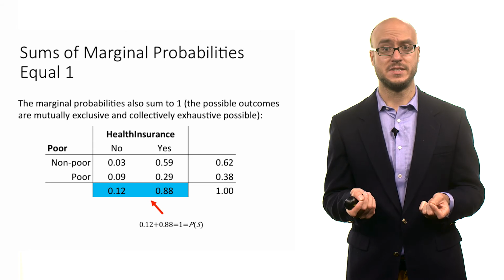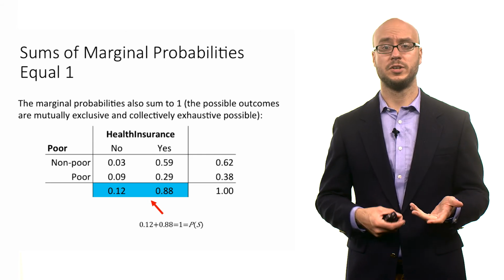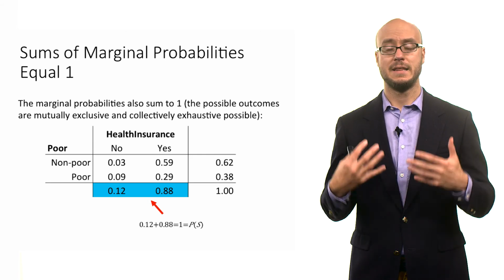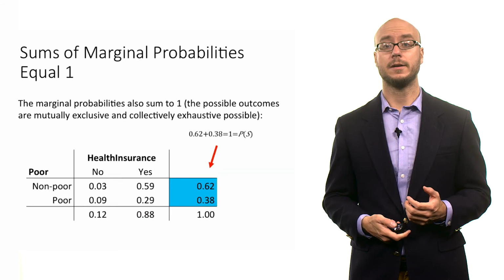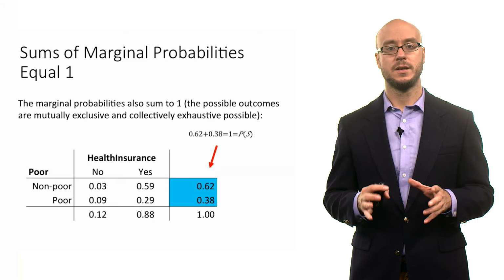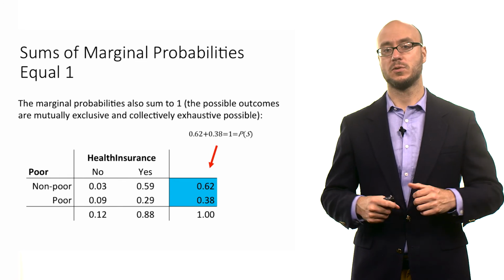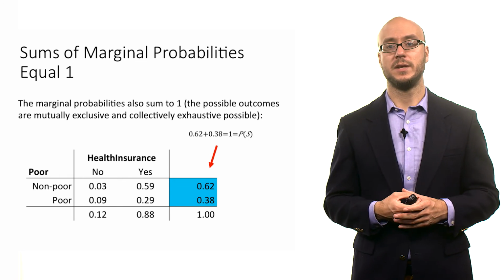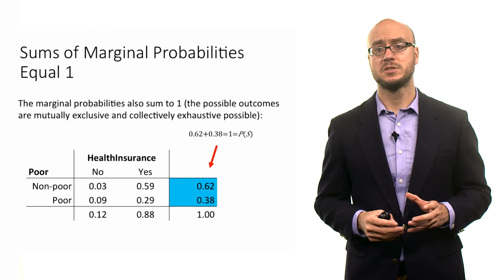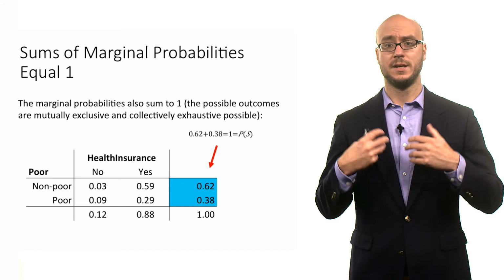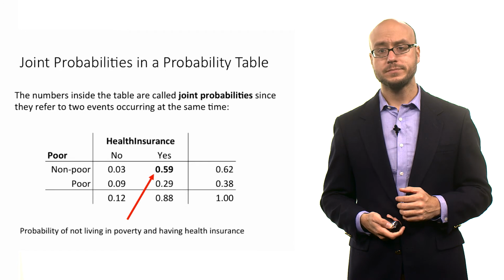Now, this is a valid sample space, so 0.12 plus 0.88 equals 1 within rounding error. We can also view the categories of non-poor and poor. That's the sample space for this process of being economically impoverished. That sample space also equals 1. It's a valid sample space.